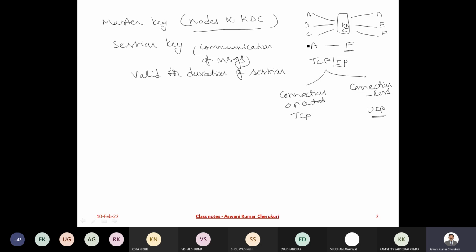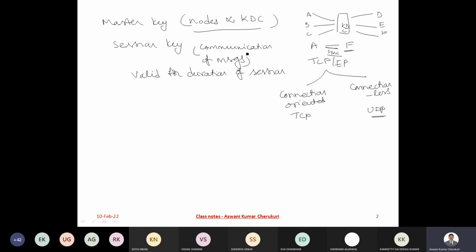For that purpose, what would A do? A would keep sending sync messages. For that, what does F have to do? If it is a connection-oriented protocol, if there is a sync request from A, what does F have to do? Send acknowledgement, because it is a connection-oriented communication.